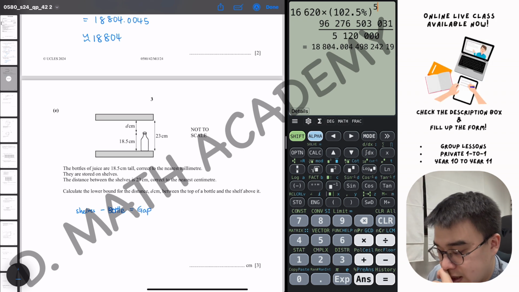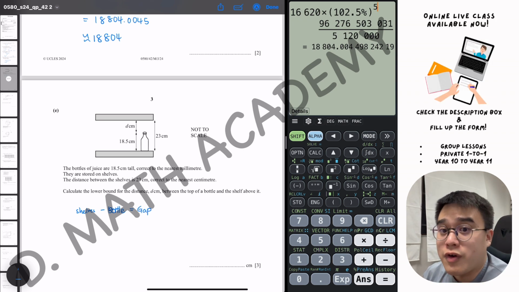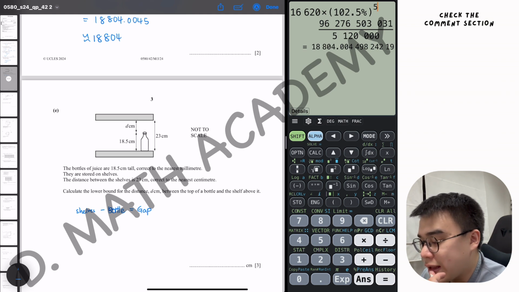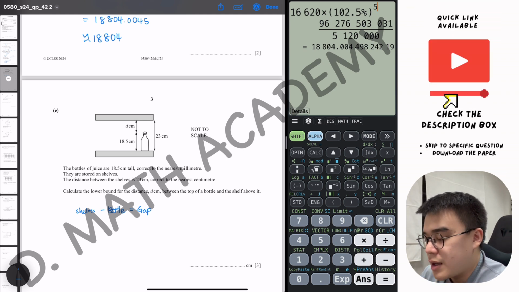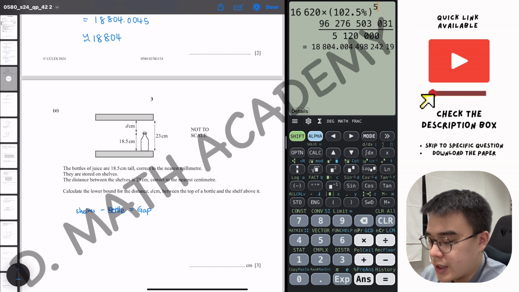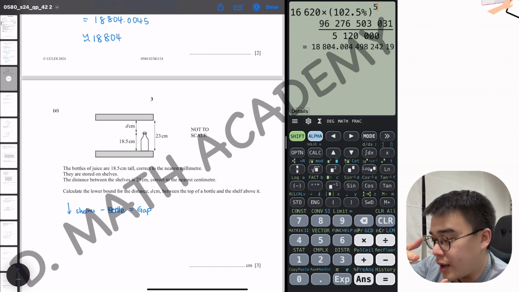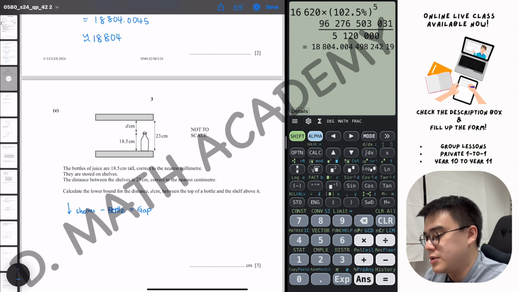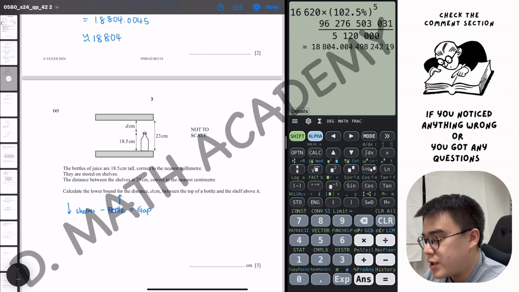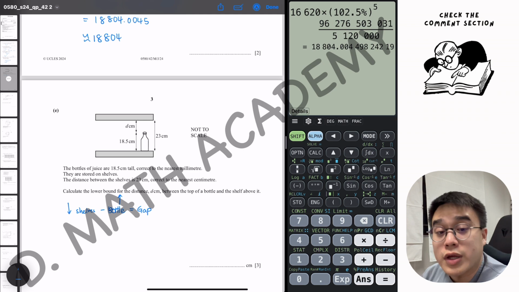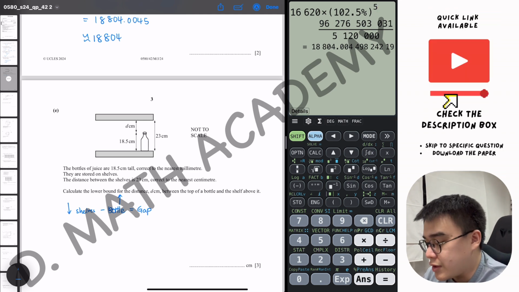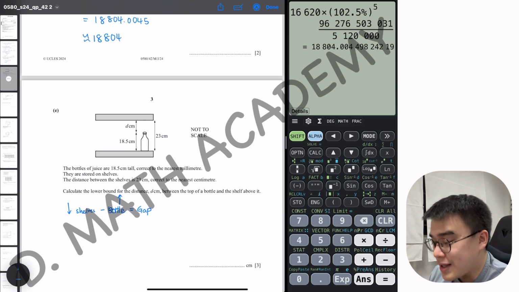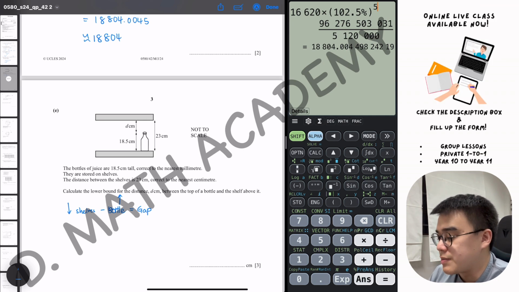So in this case, the relationship between the variables is actually minus, which means for me to get the lowest possible value, I need the shelf to be lower as much as possible, and I need my bottles to be higher. So for the shelf to be lower, I will now look into the rounding values. So one of them is nearest millimeters, and the other one is nearest centimeters.